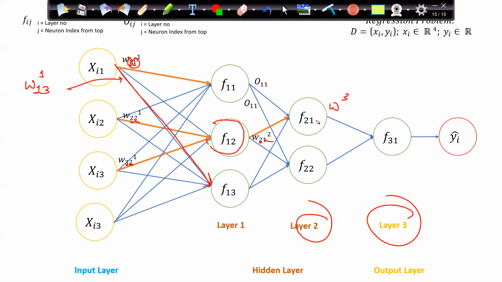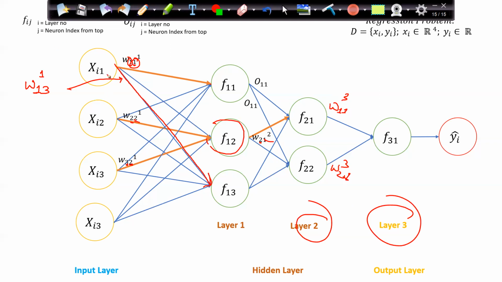So here it is the first neuron of this layer, and it is going to the first neuron of the next layer. So W311. This one, W321. So that is how we can give the name.